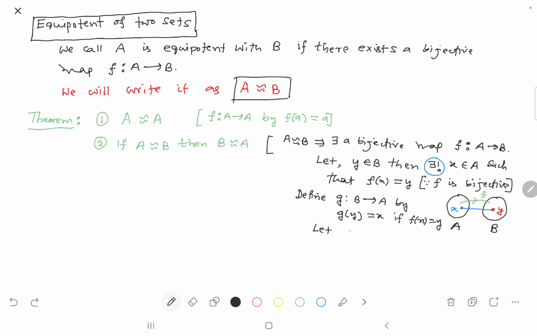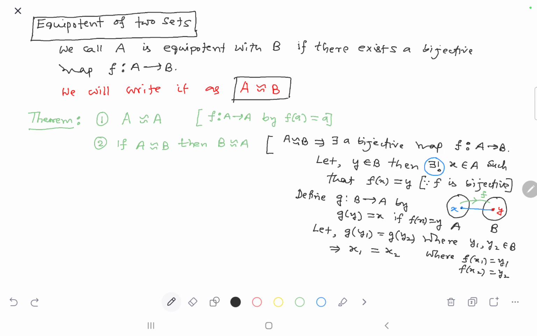Let g of y1 equal g of y2, where y1, y2 are from the set B. Then this implies x1 equal to x2, where f of x1 equals y1 and f of x2 equals y2.